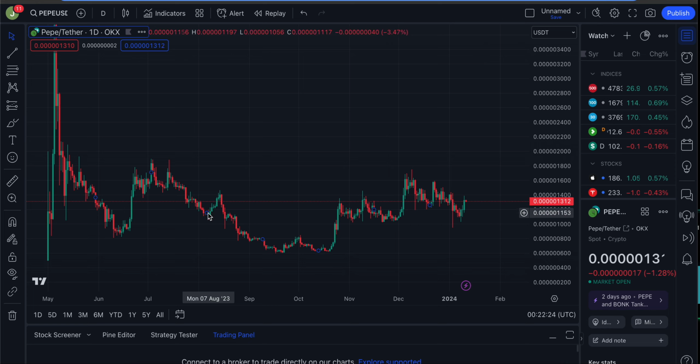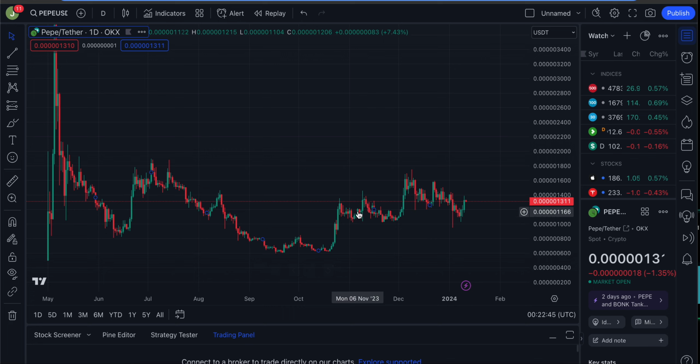Essentially, what's happening is that people are buying, buying, buying, and it gets to a certain point where a lot of people have made purchases before and they decide to sell. And so the people that bought in this range are going to hold and wait for it to return to this range.